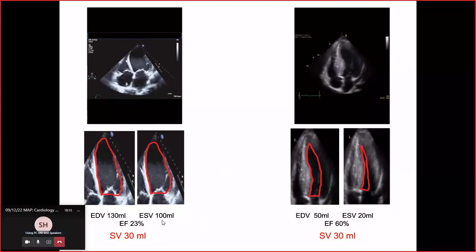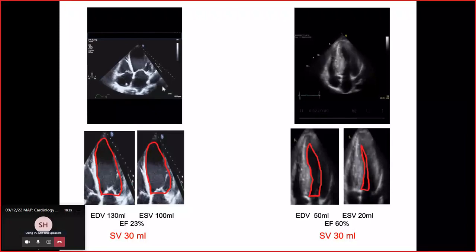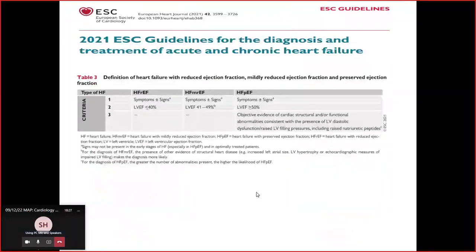So in both situations, the cardiac output is not enough and the diastolic function is impaired. But here the ejection fraction is normal, and here the ejection fraction is reduced. So that's why I said in the beginning, the most important thing is the symptoms and signs, because it's mostly a clinical diagnosis. Of course the investigation is very important and will help guide the diagnosis, but it's mainly a clinical diagnosis.